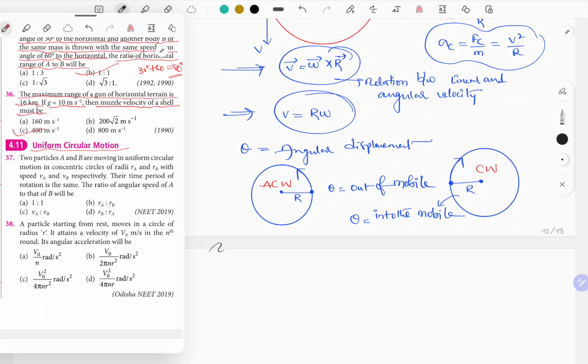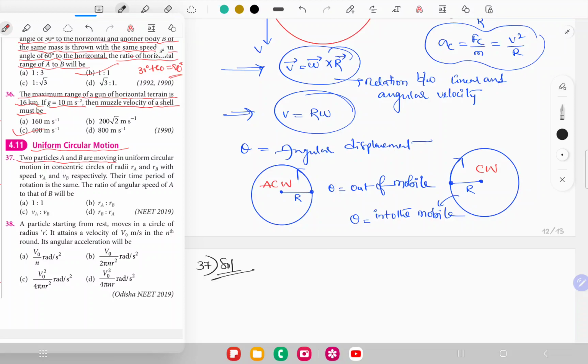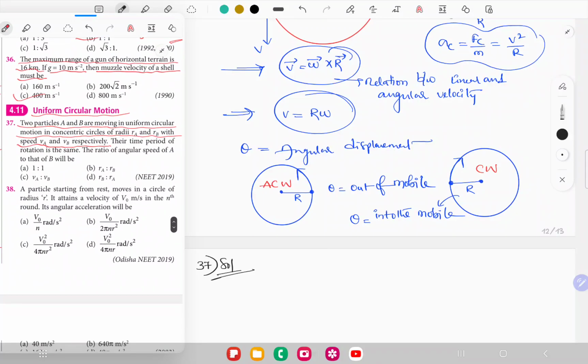Okay, question number 37. Look at the data they have given. Two particles A and B are moving in uniform circular motion in concentric circles of radius RA and RB with speeds VA and VB respectively.